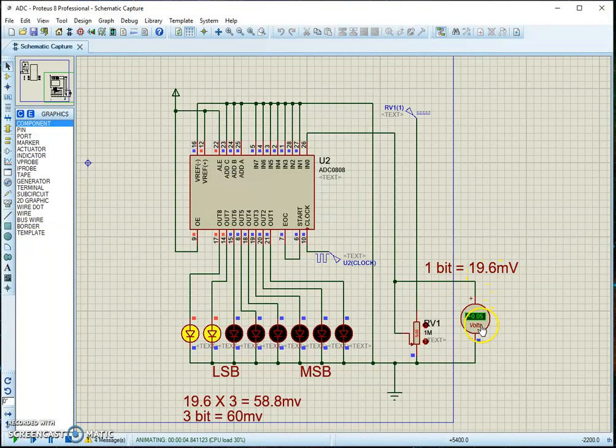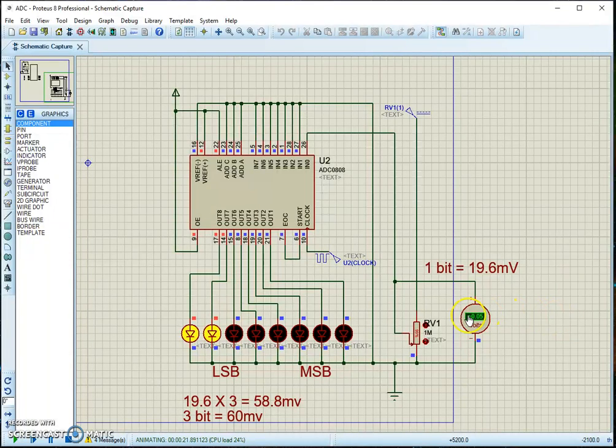So let's say I'm using 19.6 millivolt, which is represented by those 3 bits. If one bit is represented by 19.6, and I have, let's say, 50 millivolt here, it should be equal to, or almost, 3 bits.